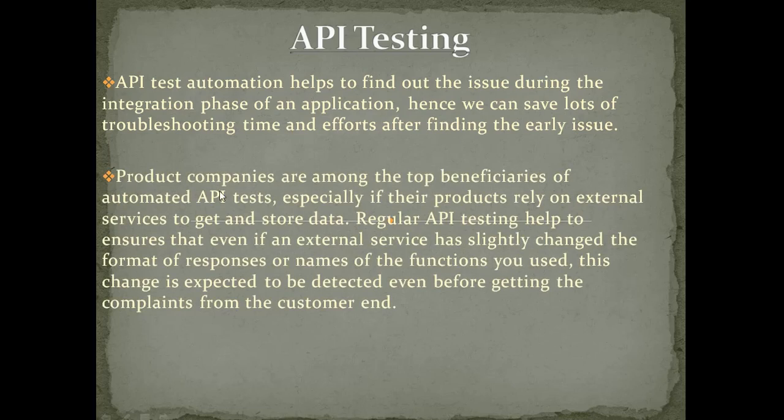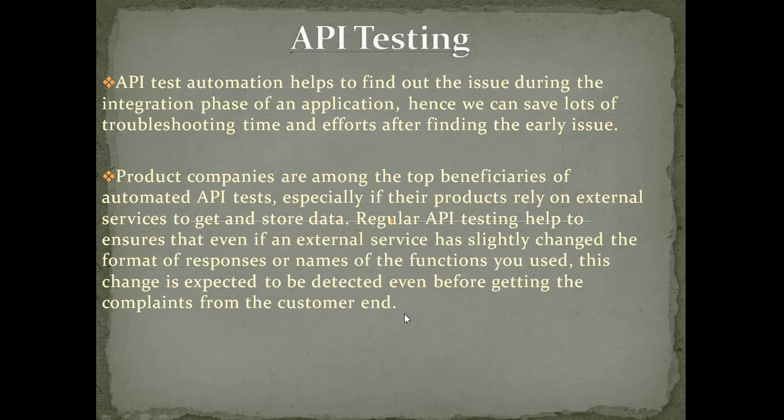The next point: product companies are among the top beneficiaries of automated API tests, especially if their product relies on external services to get and store data. Regular API testing helps to ensure that even if an external service has slightly changed the format of a response or the names of the functions you used, this change is expected to be detected even before getting complaints from the customer end.